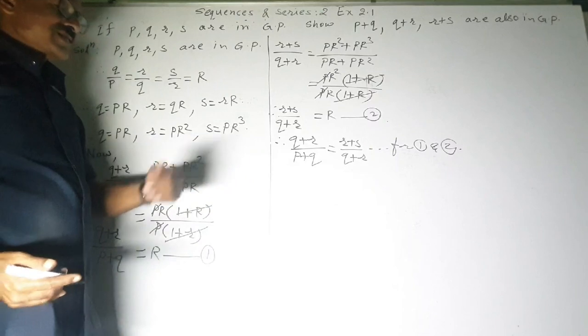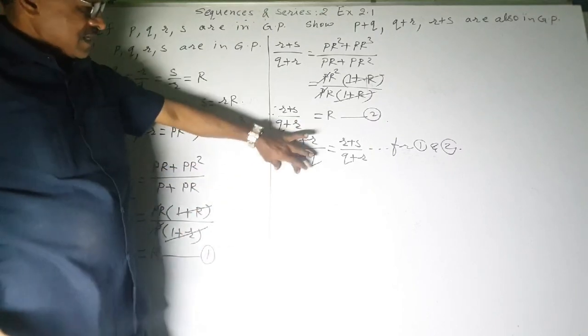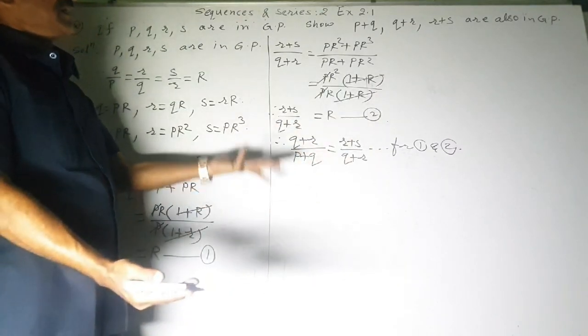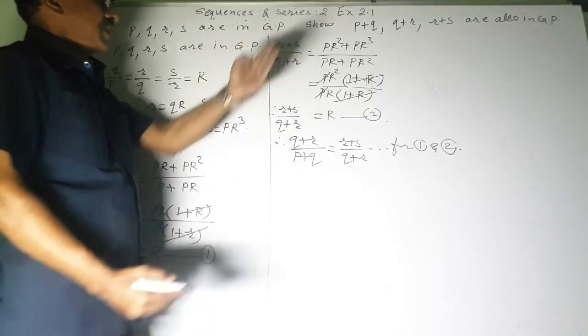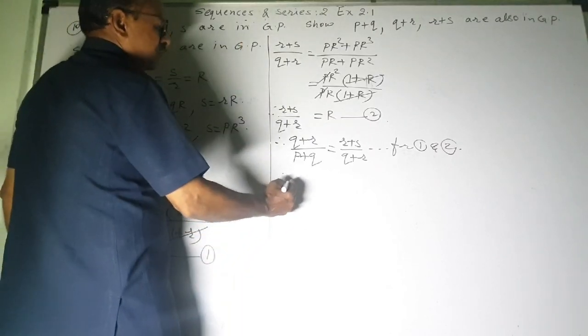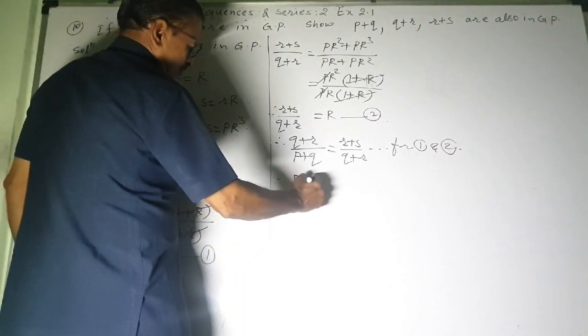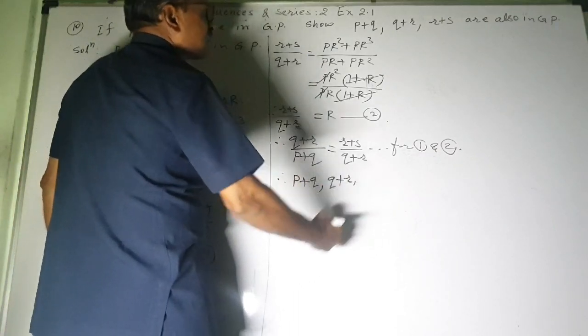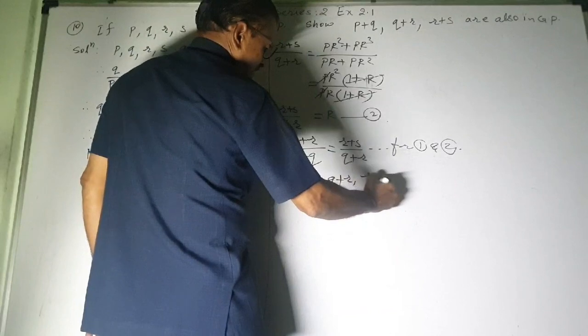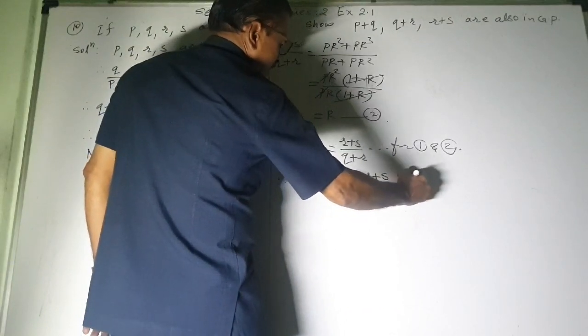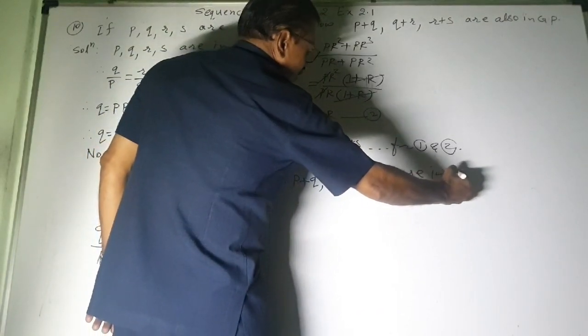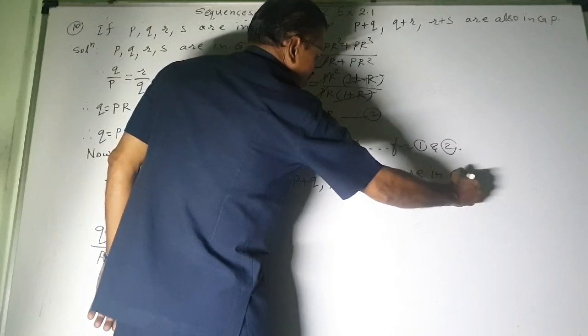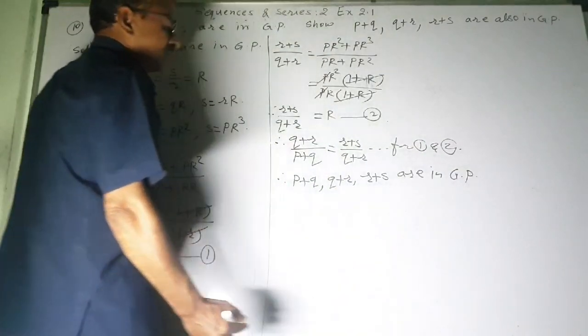If the ratio is same, then these are in GP. Therefore, P plus Q, Q plus R, R plus S are in GP. Is proved.